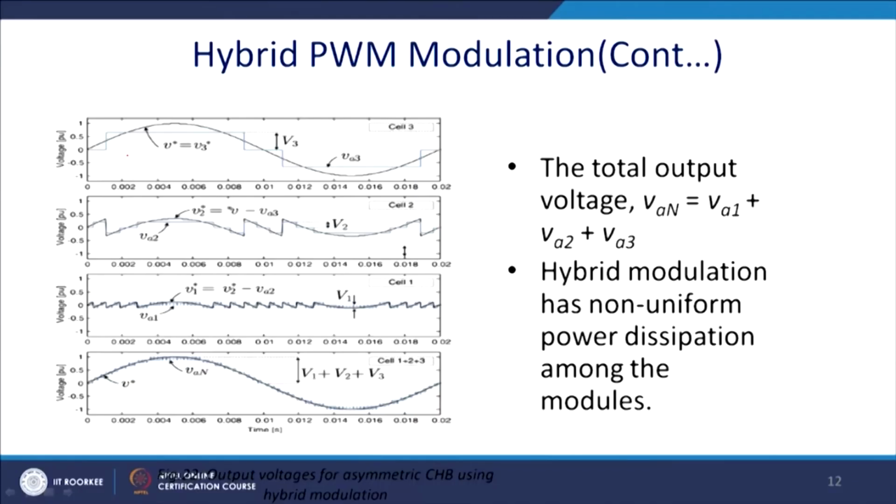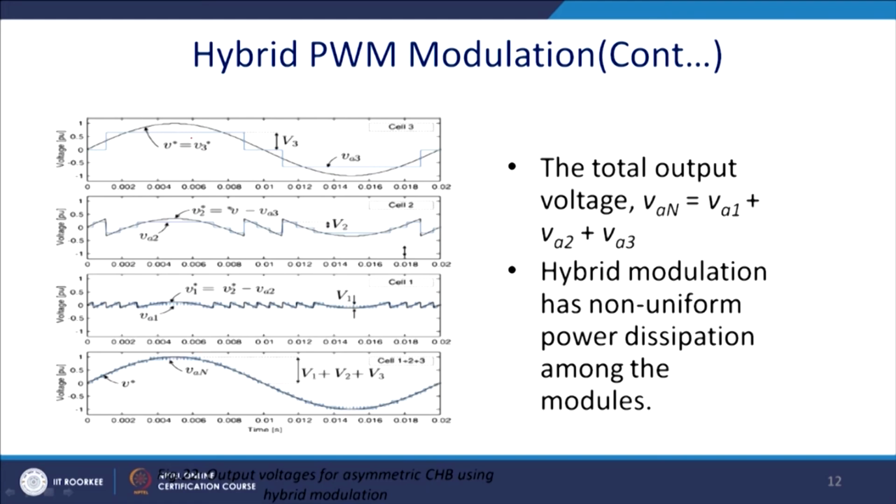This is the way of the hybrid modulation technique. So, see how it works. This is the low frequency device, maybe GTO. So, it will be on for most of the time. With that you can have this kind of carrier wave, and thus you have a switching like this.